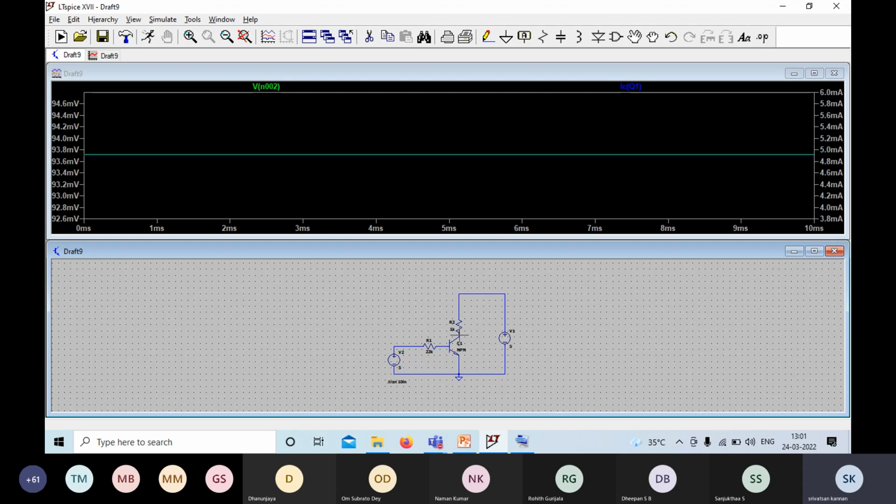So you could see the millivolt now. So for binary 0, output is binary 1. For binary 1, output is binary 0. So this is the basic transistor acting as a switch.